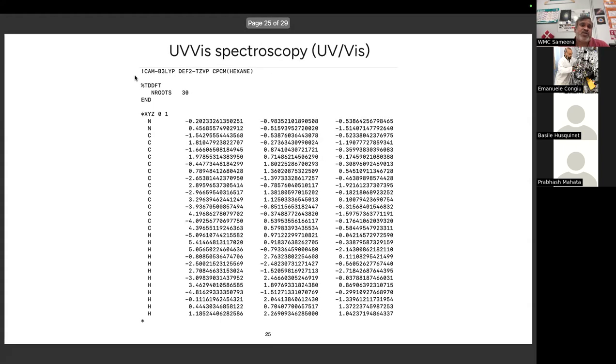For excitations, some other density functionals perform really well, and one of them is CAM-B3LYP, which is typically good in computing excitations.